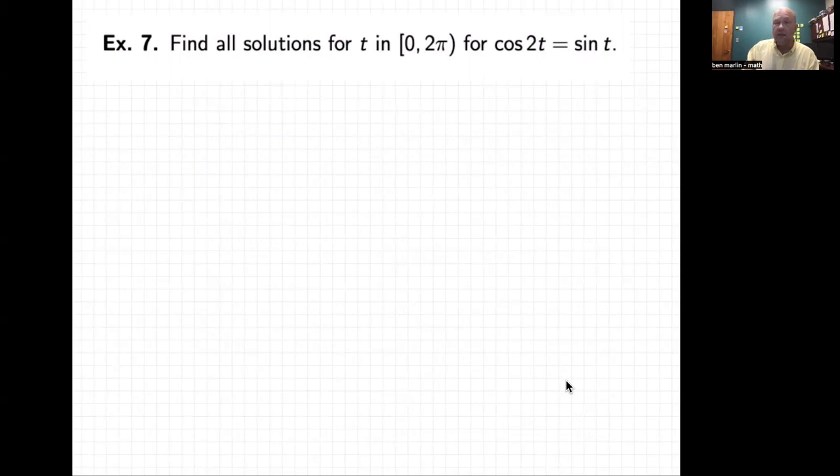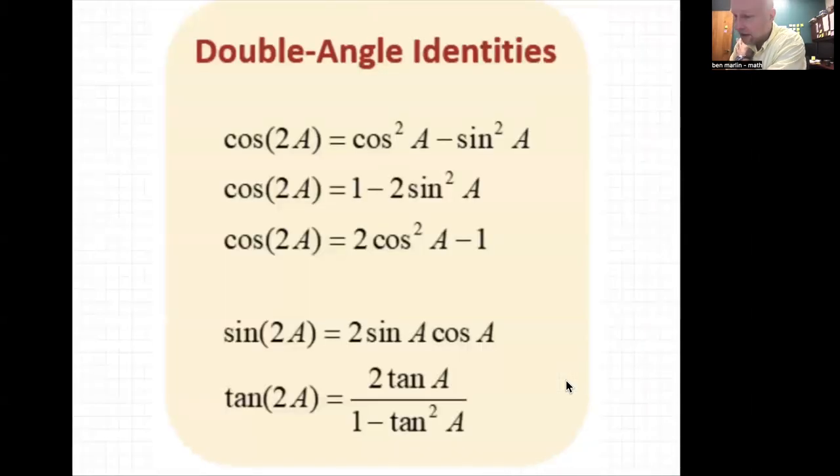So the trick on this is that I'm going to replace cosine 2t with the identity for cosine 2t. So I've got to look back all the way to the beginning to see what that was. And that is that I want to use this one here, 1 minus 2 sine squared.